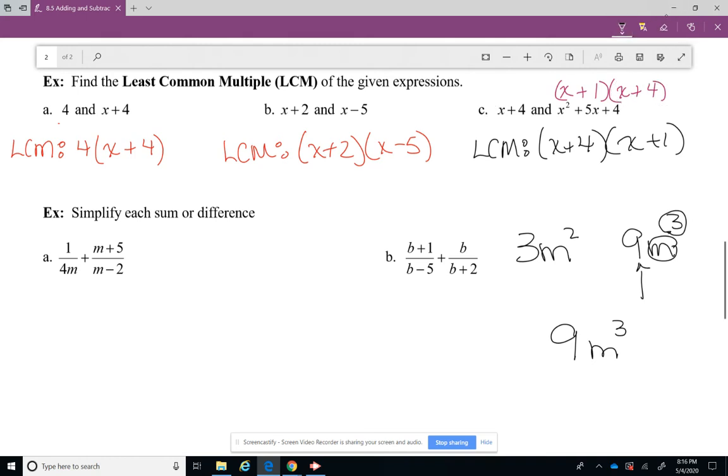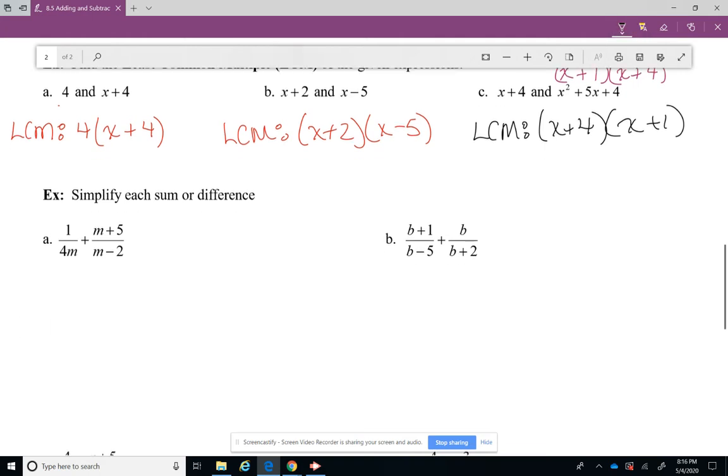Just like down here, 3 was used once here, and 3 was used twice here. So we had to use it twice because 9 can't go into 3, but 3 can go into 9. So x minus 1 can go into this because there's an x minus 1 there. All right, so those are the least common multiples.